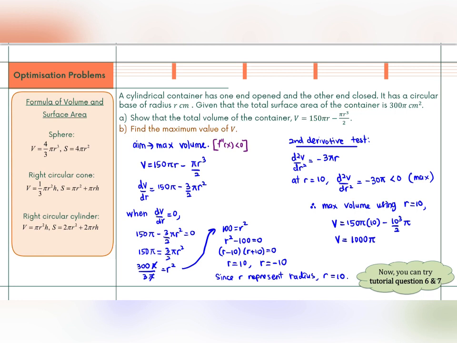What is our unit? Earlier it gave centimeter squared for surface area, so the volume will be centimeter cubed. This will be our final answer.